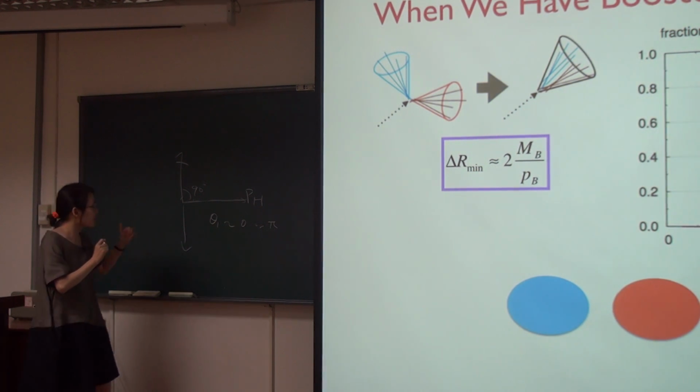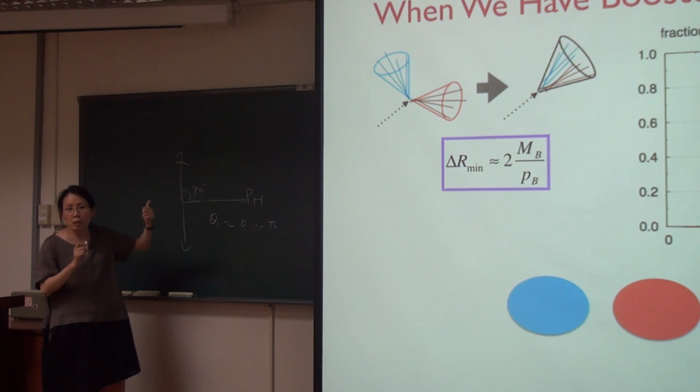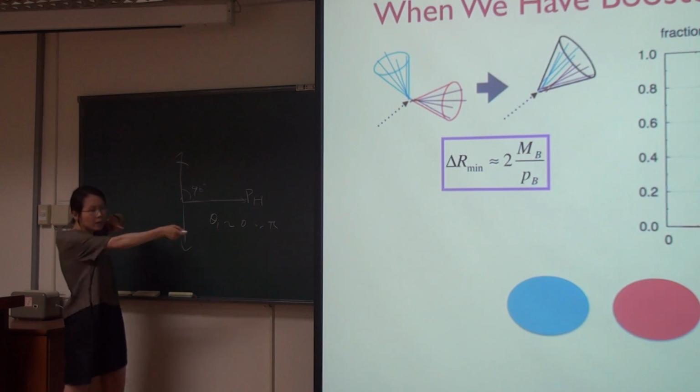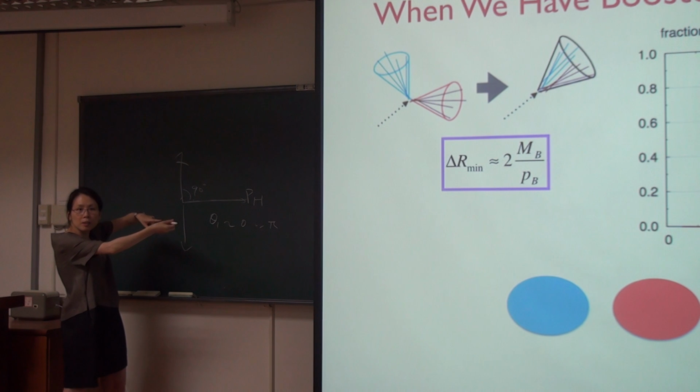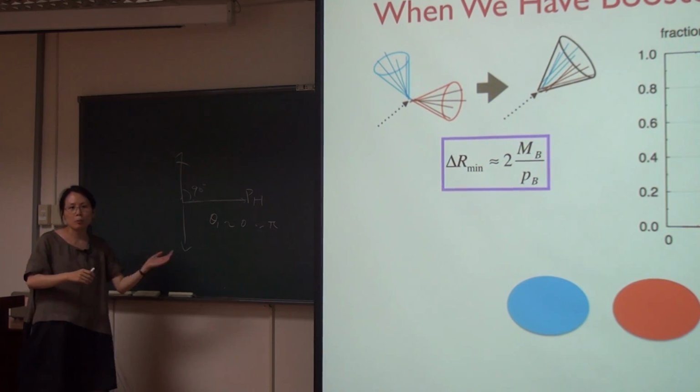Of course, when the Higgs is very boosted, and cosine theta star is equal to 0, when you boost back to the lab frame, the two B quarks can go in exactly the same direction, but that's when the Higgs momentum is really, really high. It's not what we worry about.